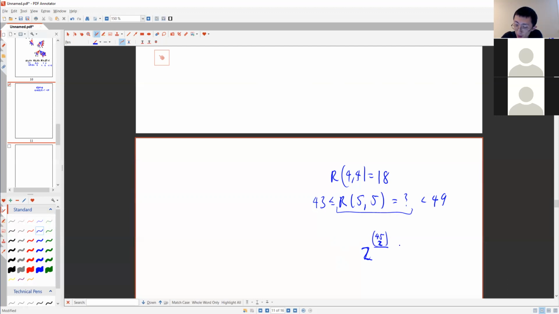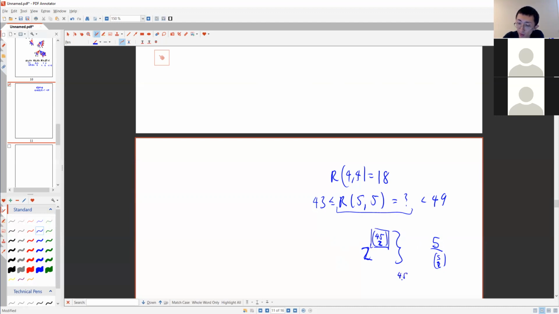But for each one of these graphs, you have to check: are there 5 vertices with all 5 choose 2 edges between them red, or 5 vertices with all 5 choose 2 edges between them blue? That's not an immediate check among all of these edges, right?